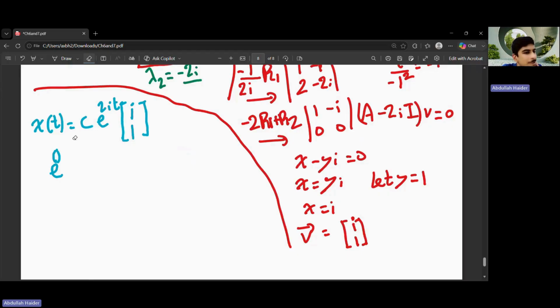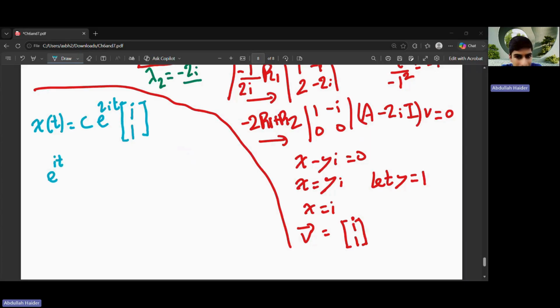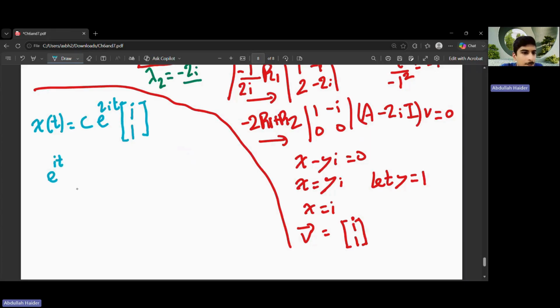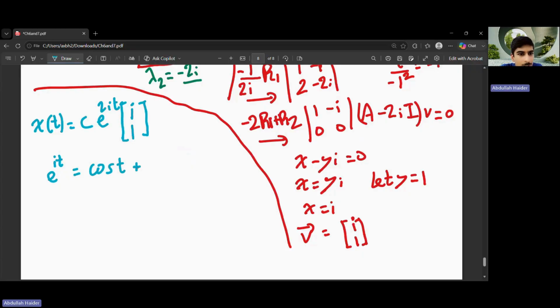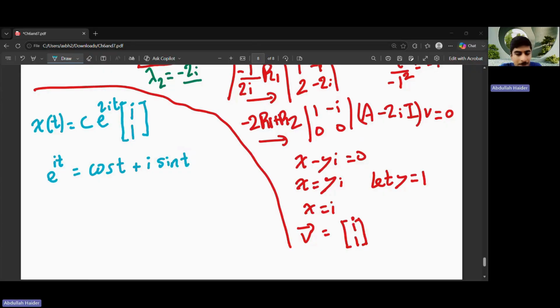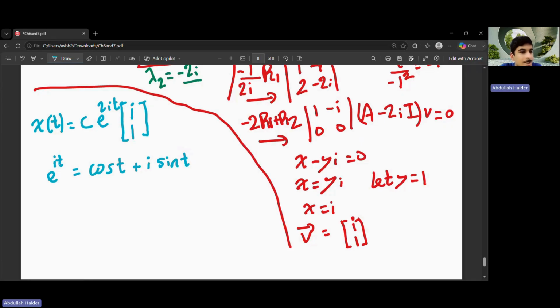There was that identity. I'm just going to say, if you have e power it, then it'll be cosine t plus i sine t. Just know that e power it equals cosine t plus i sine t.